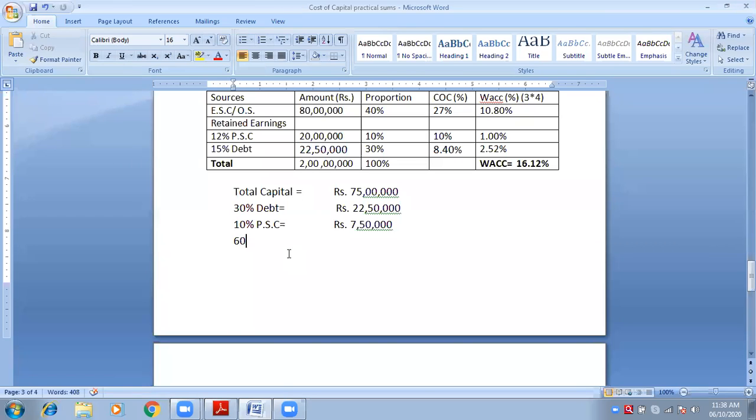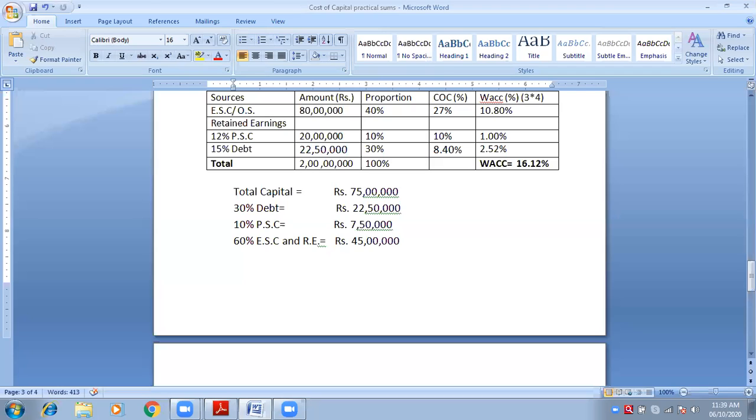So 60% is left over. 60 percentage is for equity share capital and retained earnings. It is for both of them. So what is the total of equity and retained earnings? 45 lakhs.